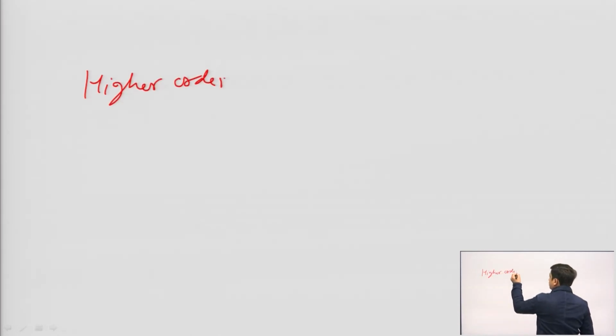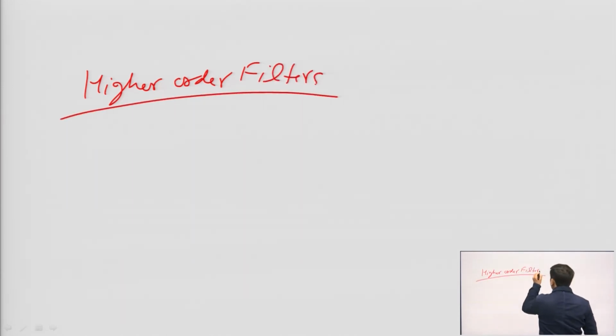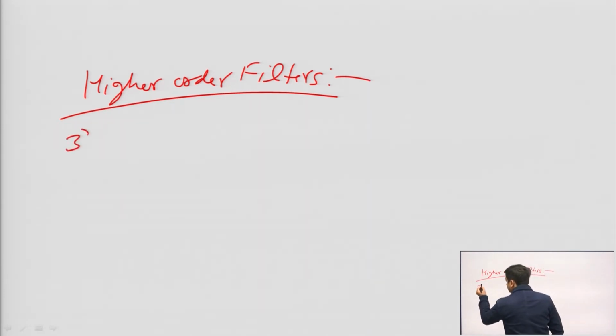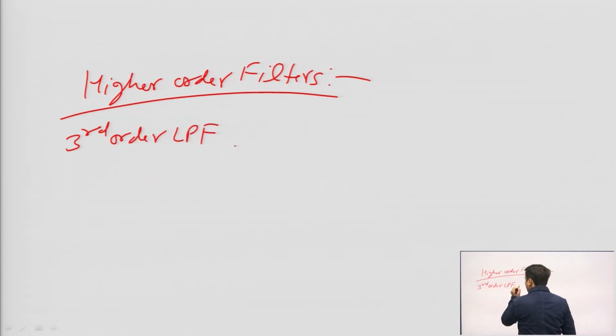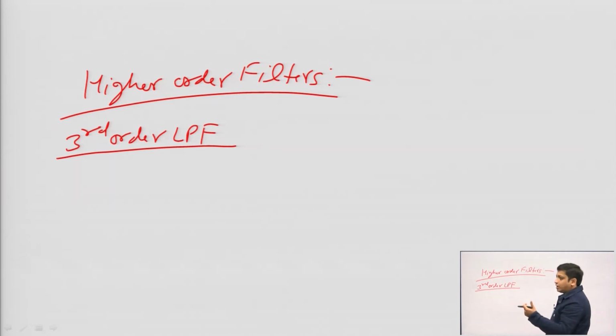Now, one more thing I want to mention here is higher order filters. Like in low pass and high pass filters, we have studied the first order and second order filters, right. If we want to design a third order low pass filter or third order high pass filter, what we can do is just cascade the first order and second order, then it becomes the third order.